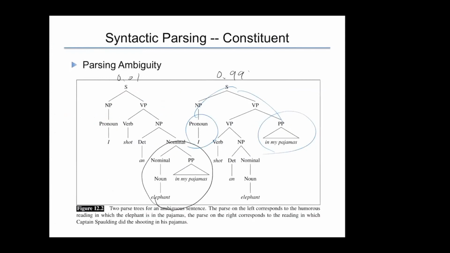For instance, if you want to compute the probability of the right parse, this will be exactly P of NP VP given S, and you compute what's the probability of NP going into pronoun given NP, and I'm multiplying everything, by the way. And you compute the probability of pronoun turning into I. So you're done with the left branch of the tree, and you go into the right branch, which is now the probability of VP turning into VP and PP.